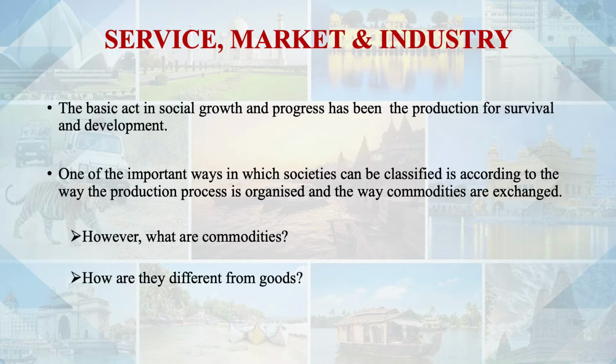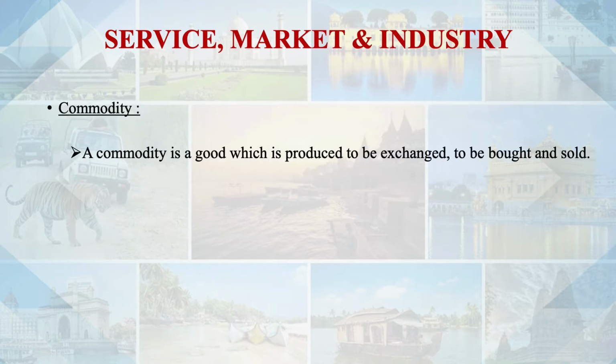As per the Oxford Dictionary, a commodity is a raw material or a primary agricultural product that can be bought and sold, such as copper or coffee. So it's a raw material, primarily an agricultural product but not necessarily, that can be bought and sold, like copper or coffee.